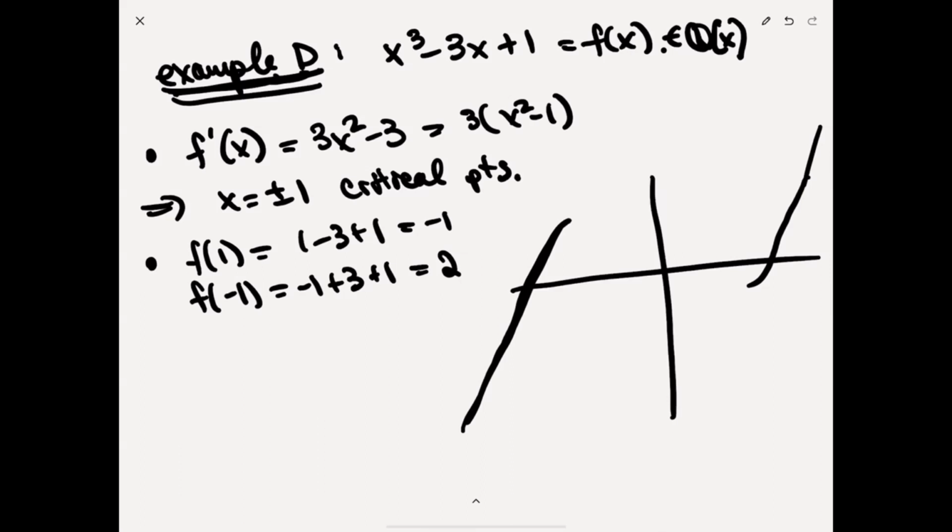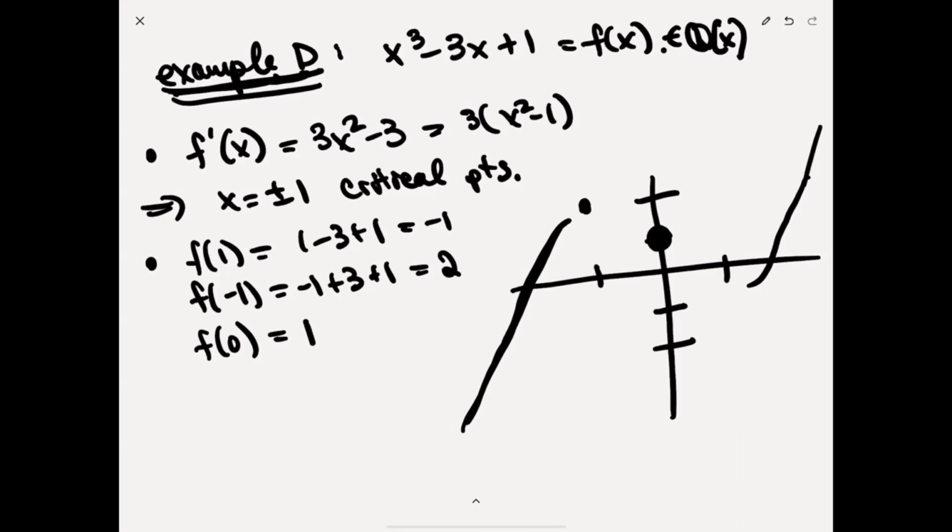What happens at 0? f(0) is 1. So let me draw this. This is the value of f(0). f(-1) is 3, so that's here.